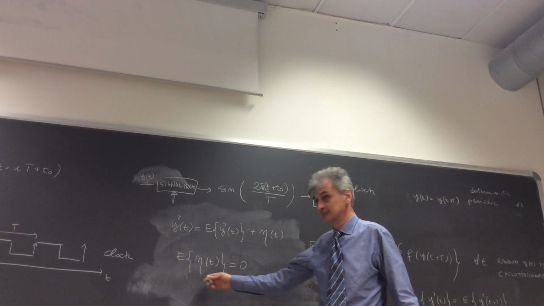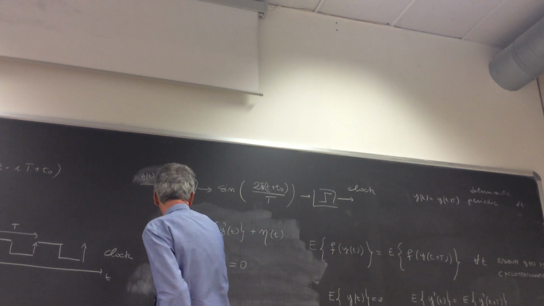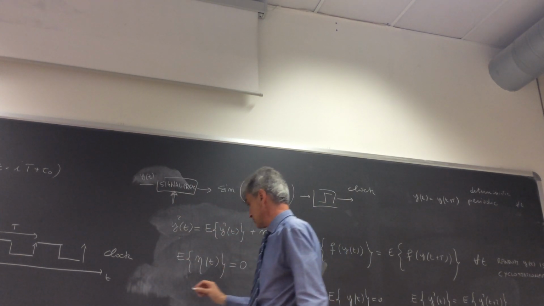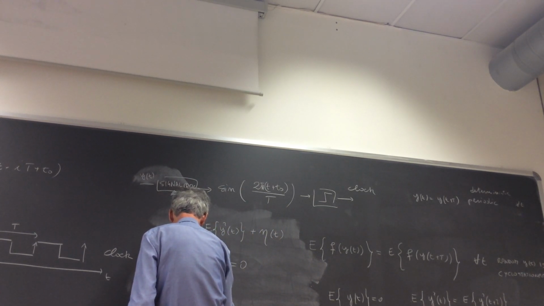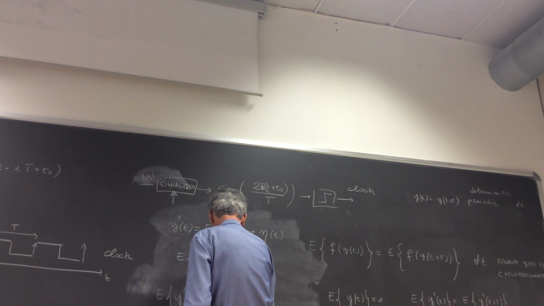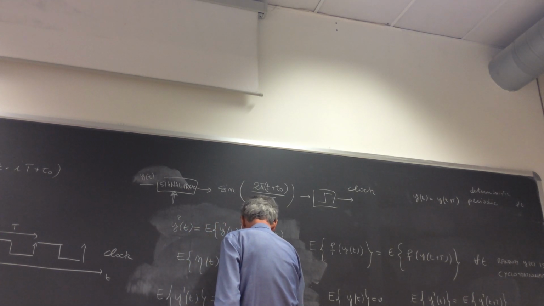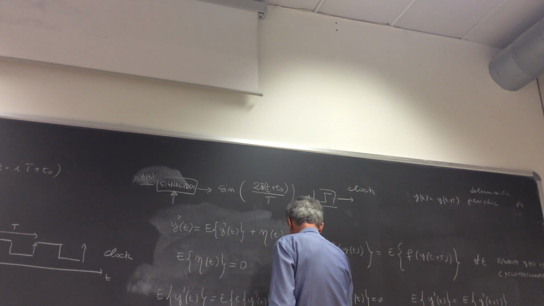Okay? Simply because if you apply the expectation operator to this equation, you have that the expectation of y to the square is the expectation of y to the square plus the expectation of eta.